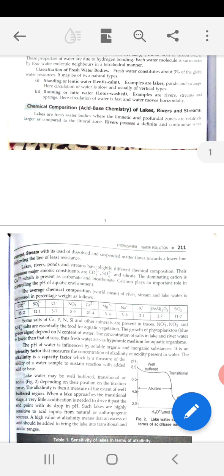Examples are lakes, ponds and swamps. Here circulation of water is slow and usually of vertical type. Second is running or lotic water. Examples are rivers, streams and springs. Here circulation of water is fast and water moves horizontally.